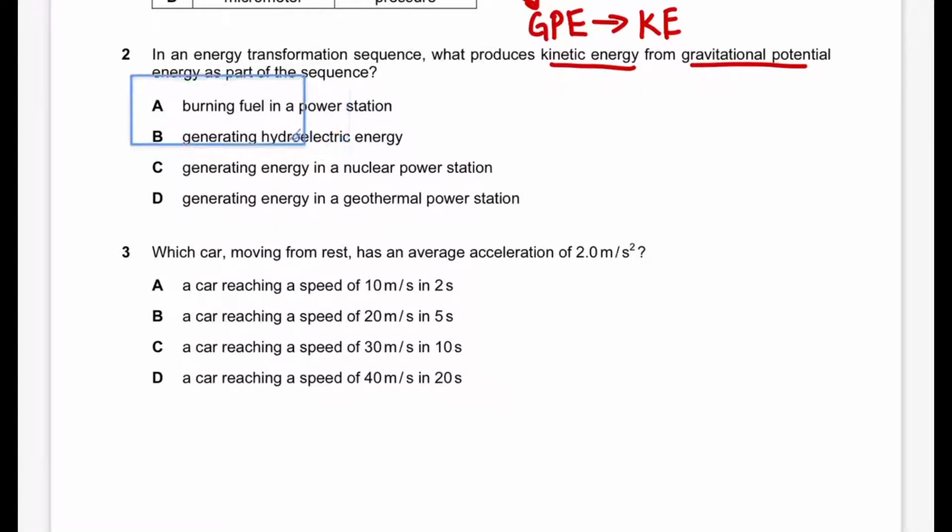Let's start with A. A, burning fuel. We know that fuel is chemical energy. Let me write it as CE. Chemical energy. When you burn fuel, it'll create heat. The second one is heat energy. This heat energy is used to turn water to steam.